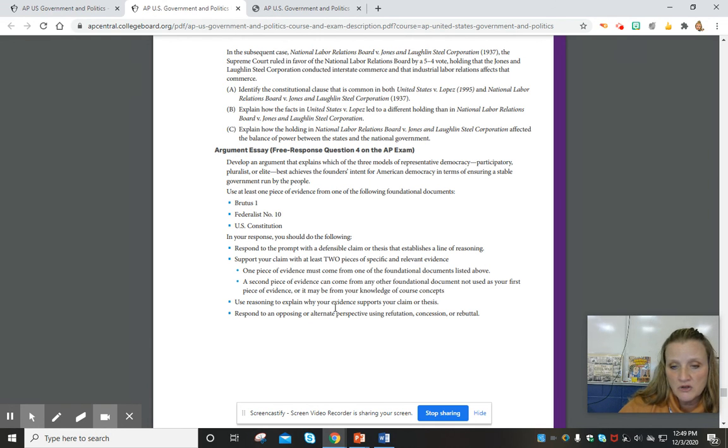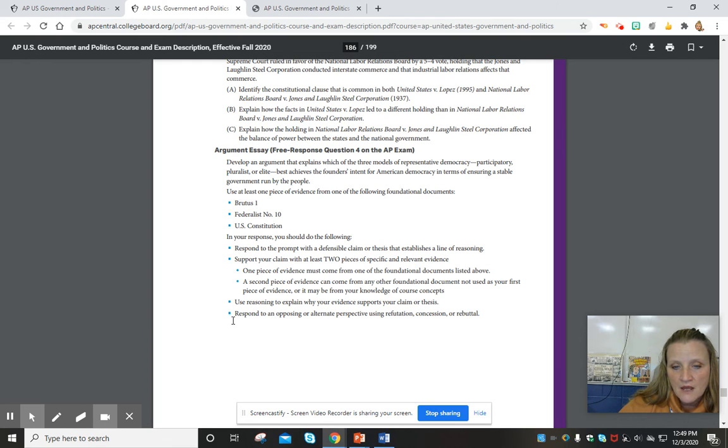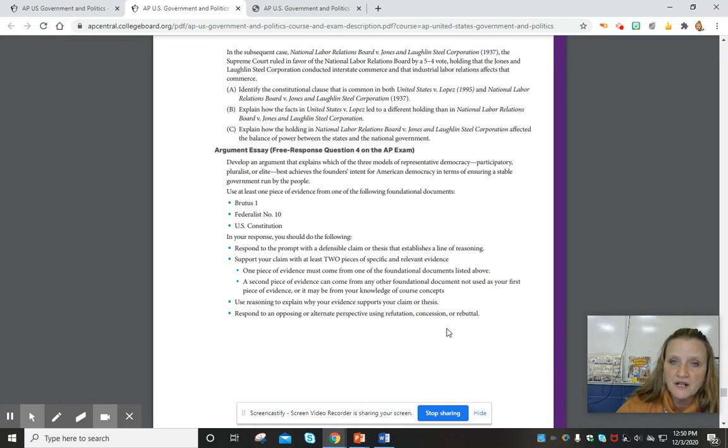Use reasoning to explain why your evidence supports your claim or thesis. And then respond to an opposing or alternate perspective using refutation, concession, or rebuttal. I can't say that word. I don't think that's how you say it, but close enough.